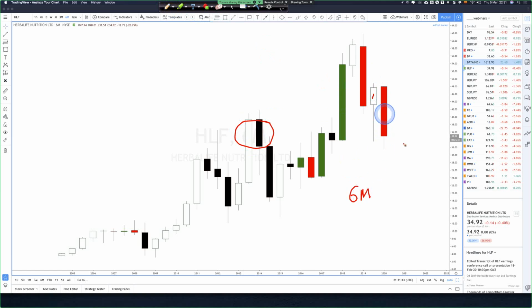How long did that candle on the right side take to be created like that, to be printed like that? How much time? 2. So 6 months versus 2 months. Which one wins? Well, the 6 months doesn't win, because we are talking here about the faster the candle is created, the worse.